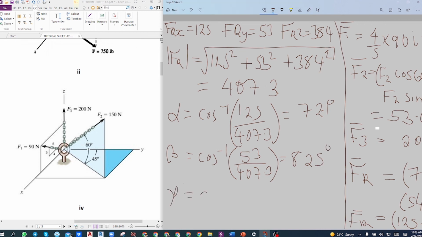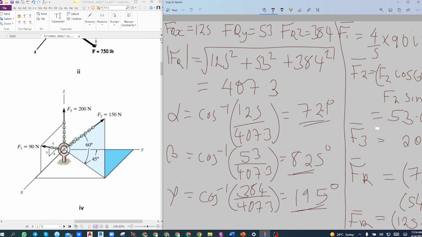Gamma is equal to cos inverse of 384 over 407.3, which is equal to 19.5 degrees.